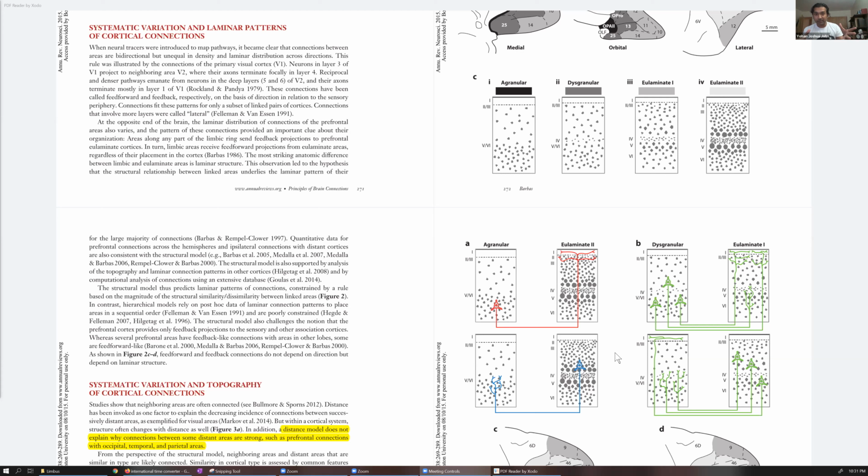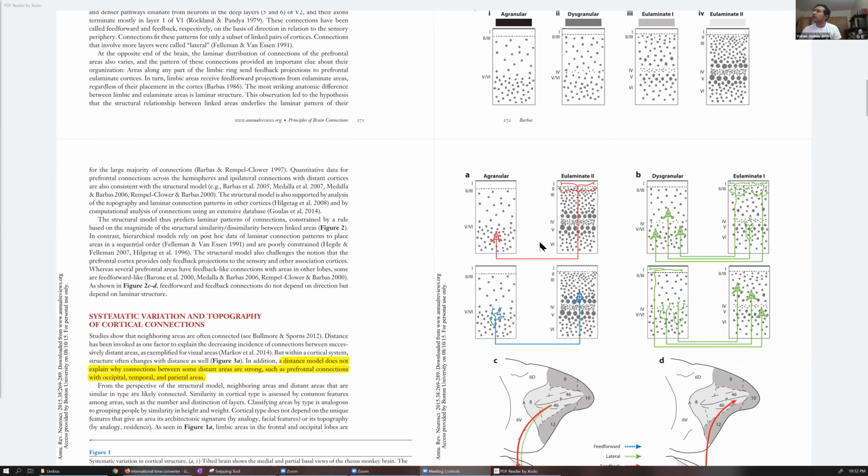So what does that mean? There's a whole lot of information packed into that idea. But the diagram kind of tells you what we're talking about. So in any pair of areas that are different in their degree of lamination, imagine that, okay, let's pick this disgranular and eulaminate, but it works for V1 and V2, and V2 is also eulaminate.